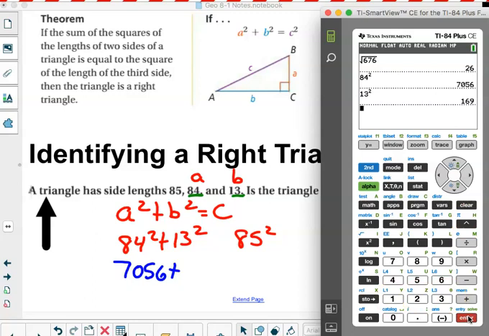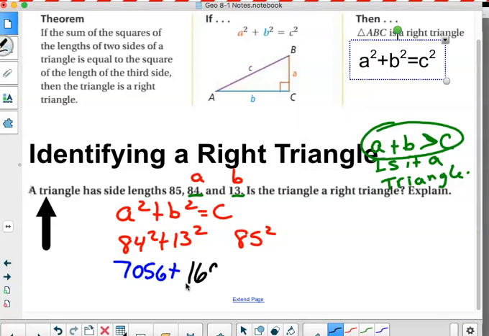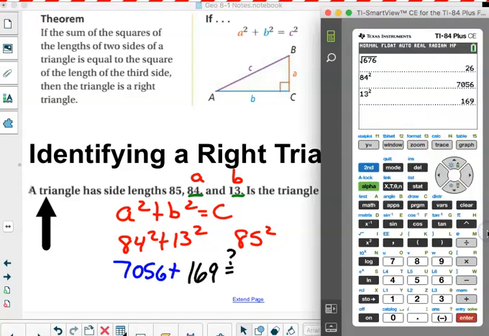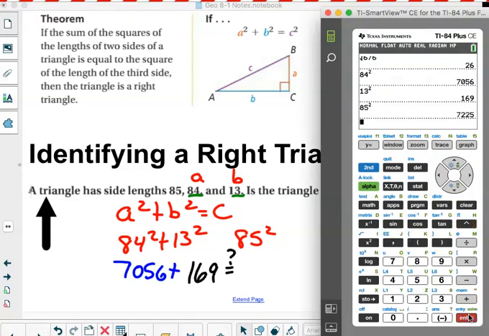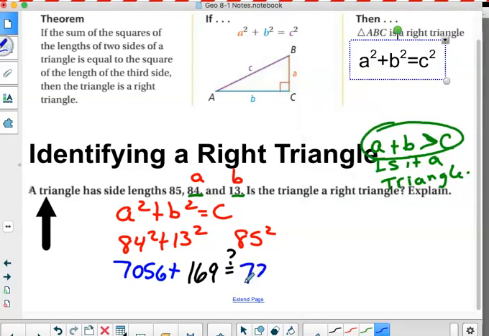Is it equal to 85 squared? Hey, 7225. And I lied earlier, I made a mistake. Well, we'll chalk that up.